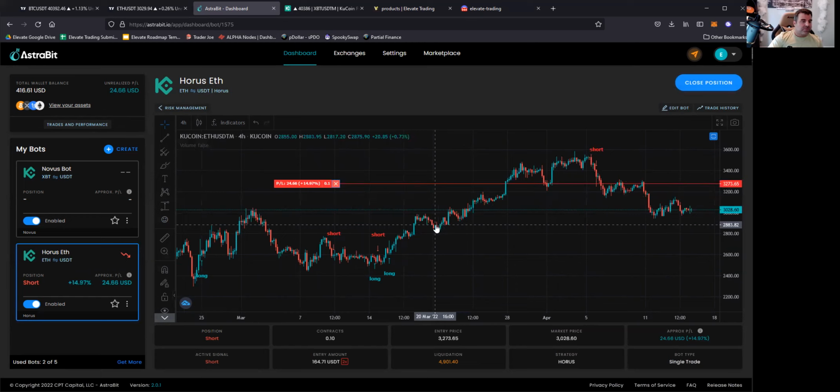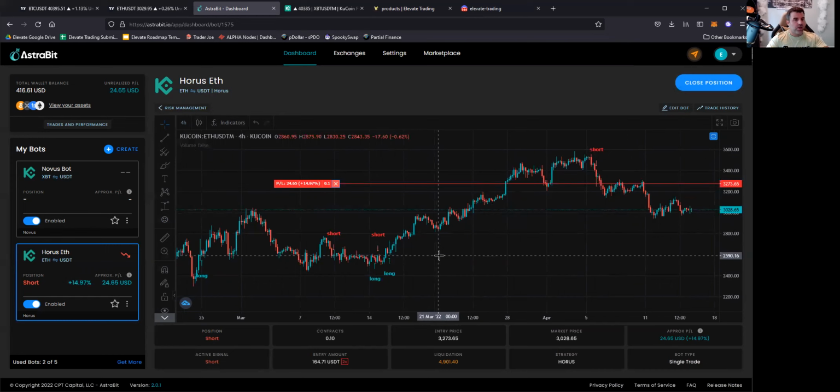However, if you don't feel comfortable and confident enough that you read a chart well enough to say, okay, this is the trend, I want to get in line with the bot, you don't have to. You can sit out and you will just have to wait until the bot signals the next trade, and then it'll automatically pick it up for you.